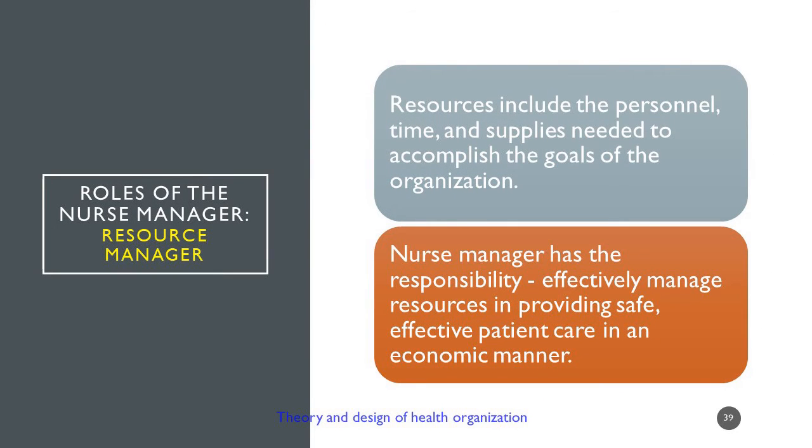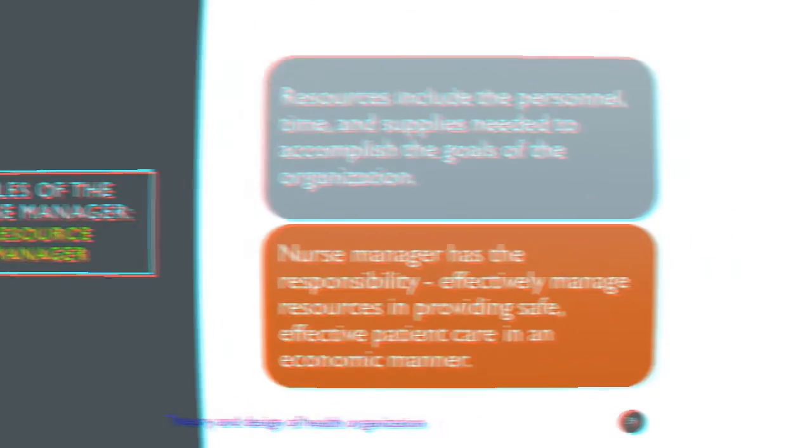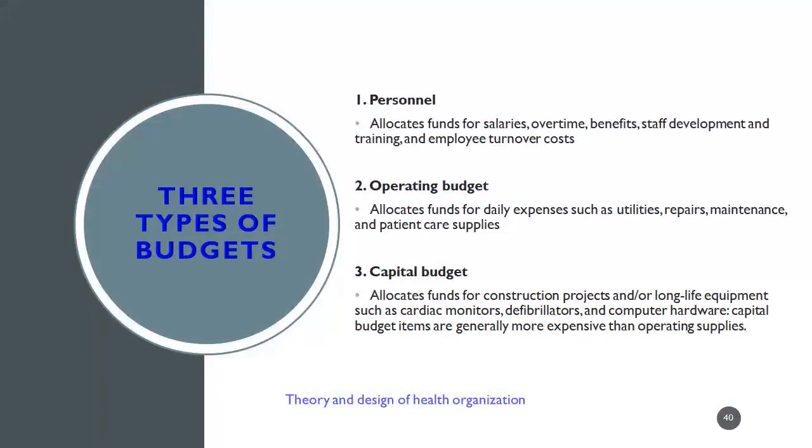Roles of the nurse manager: as a resource manager. Resources include the personnel, time, and supplies needed to accomplish the goals of the organization. The nurse manager has the responsibility to effectively manage resources in providing safe, effective patient care in an economic manner. There are 3 types of budgets. 1. Personnel. Allocates funds for salaries, overtime, benefits, staff development and training, and employee turnover costs. 2.